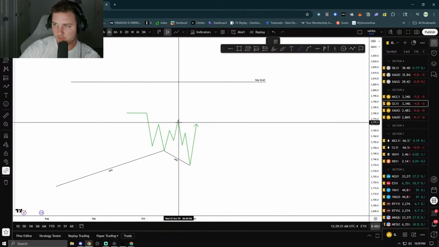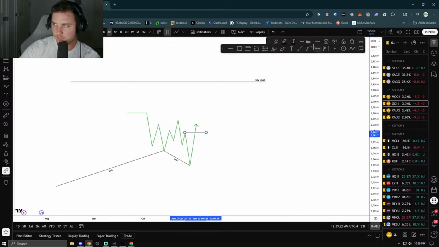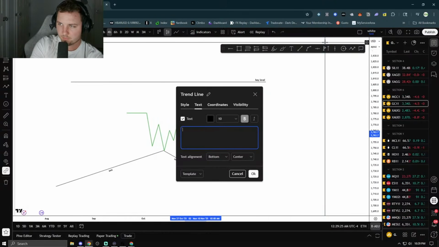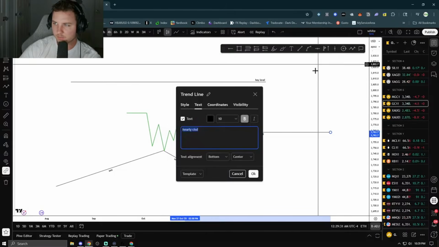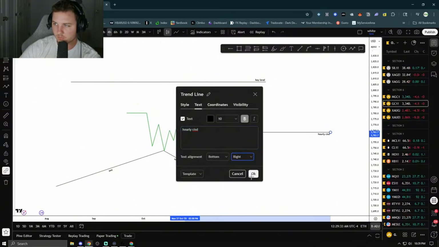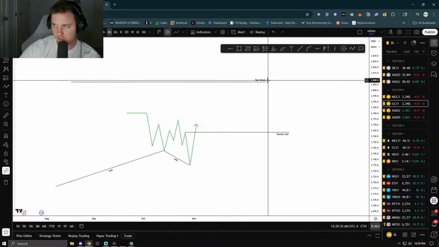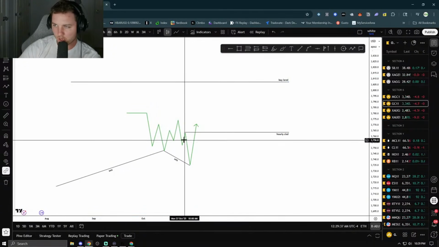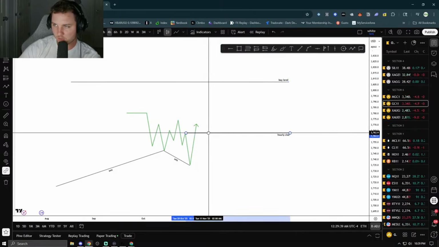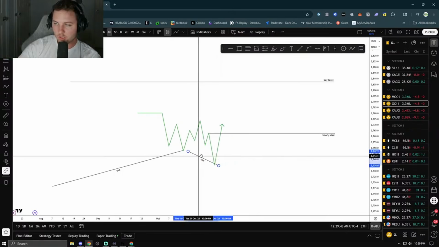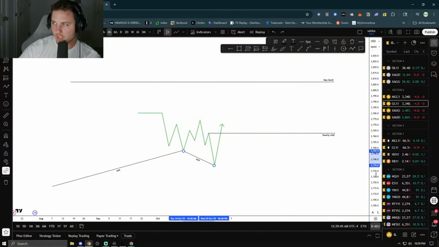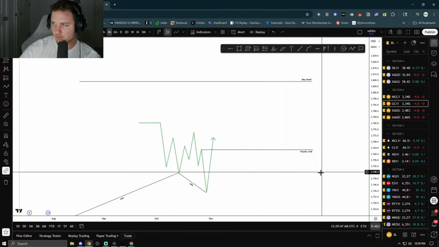And we have, say, our hourly CISD, meaning higher time frame. However you categorize market structure shift, it doesn't matter. But we have an hourly order block here.